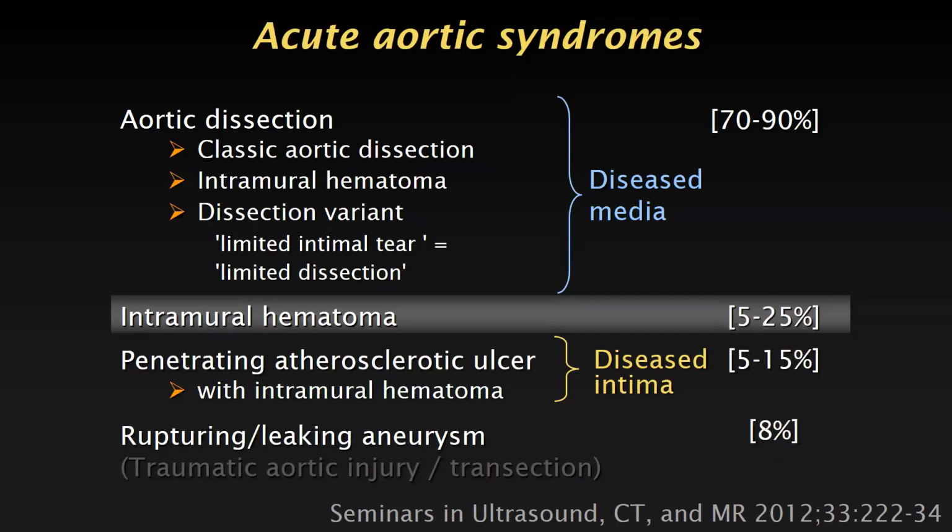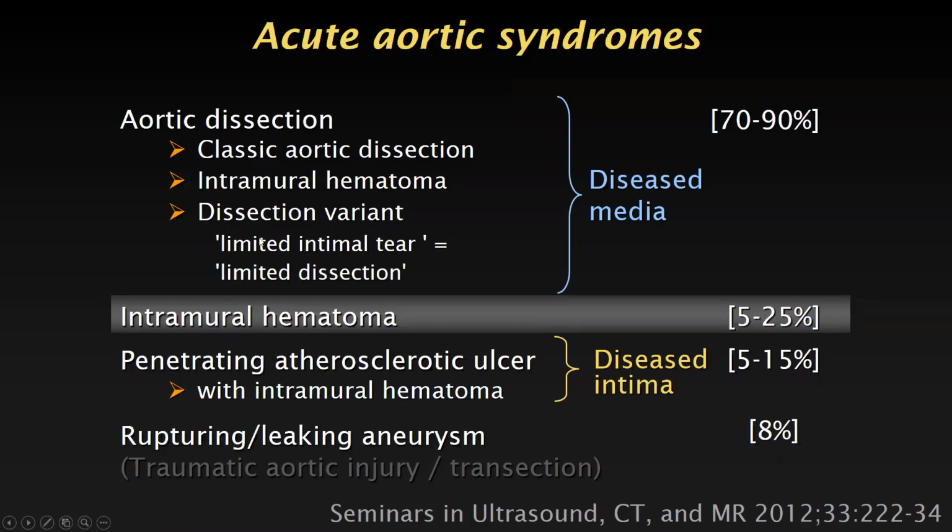So again, acute aortic syndromes include aortic dissection, then intramural hematoma, PAU, and rupturing or leaking atherosclerotic aneurysms. IMH, you could argue, is not really a true entity, but IMH usually refers to a subset or a variant of aortic dissection, which is why it's listed here and here and here.